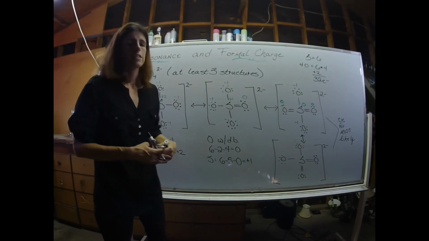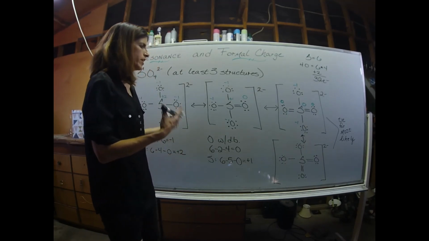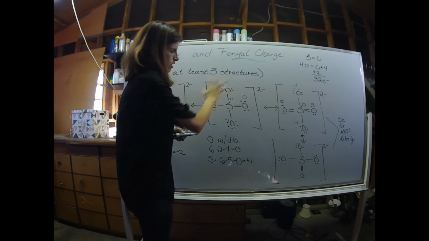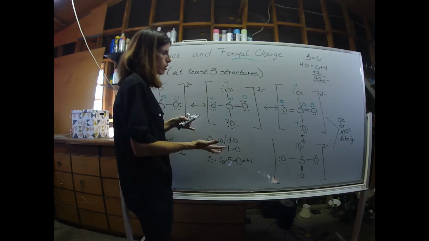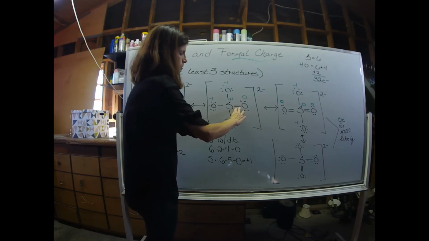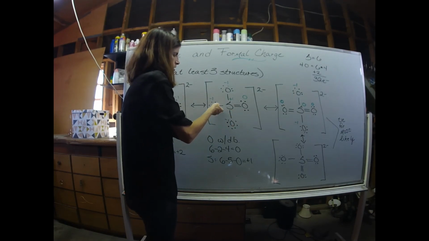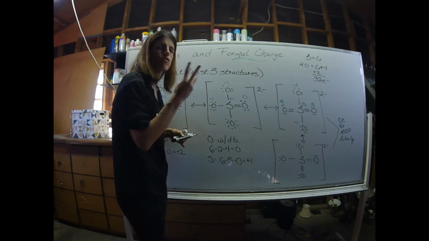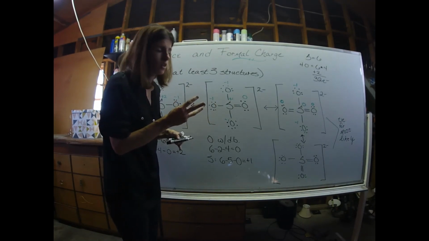There's other possibilities though that we can consider. You could move this double bond, this medium probability structure, to each of the other oxygens and generate 3 more resonant structures right there.